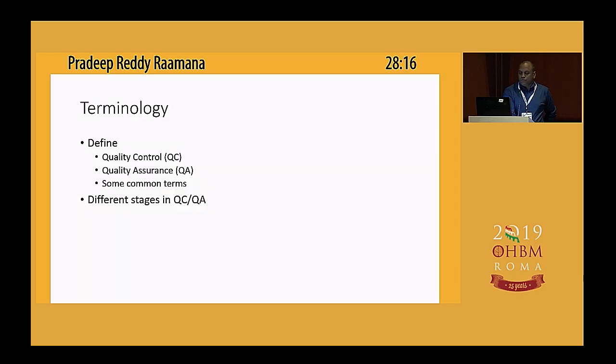Before I begin my talk, I'll give you a quick terminology definition. I think these are important to keep in mind, although there may be a bit of a mix in how they are used. For example, quality control, quality assurance, what the different stages in QA, QC are.